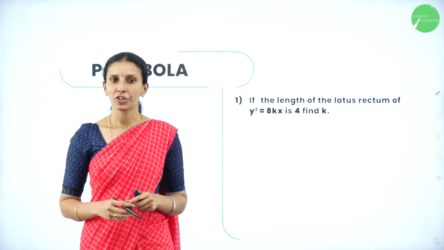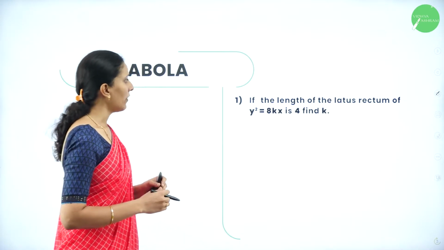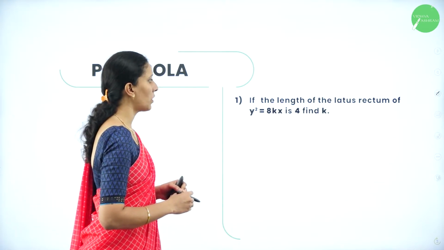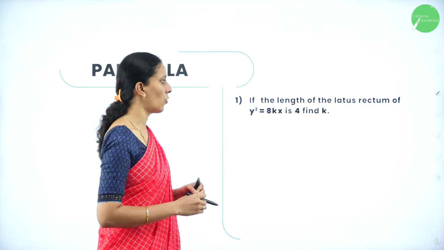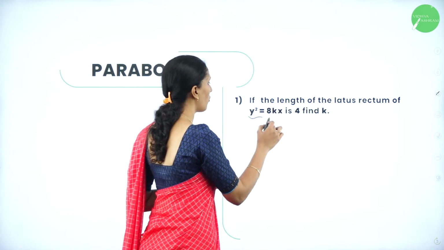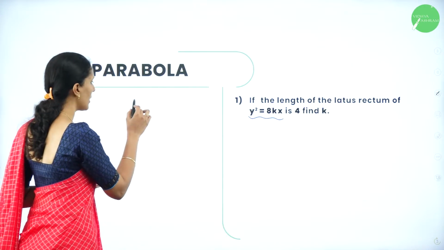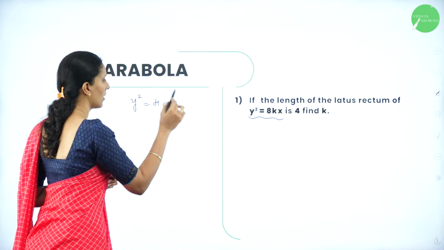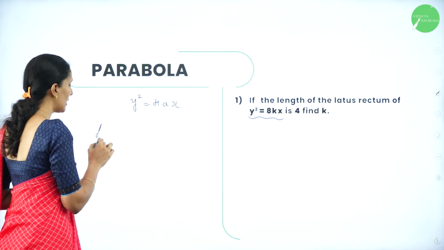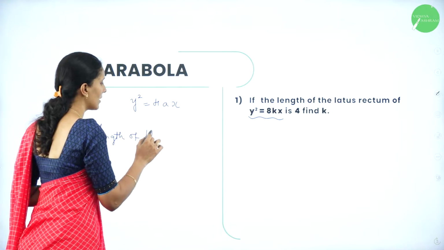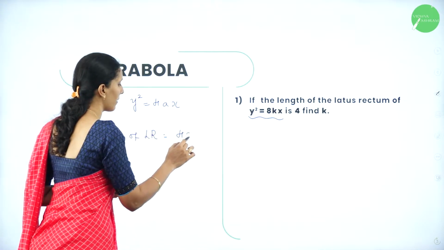The very first question here: if the length of the latus rectum of y square is equal to 8kx is 4, find k. Clearly, this is an equation of the form y square is equal to 4ax. And we know that the length of the latus rectum is given by 4a.